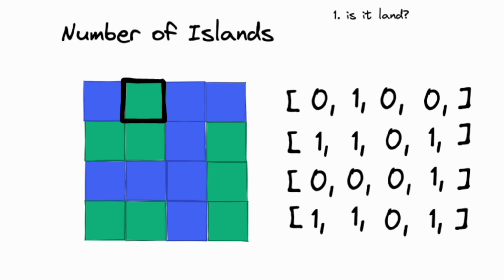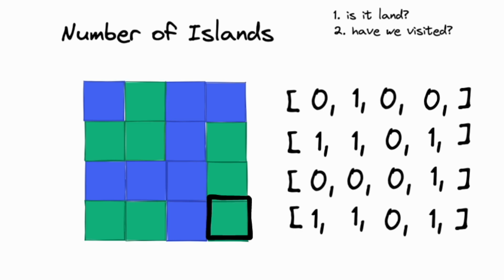One thing you might have noticed is that when we traveled to neighboring tiles that were land, we knew not to look at tiles that we had already visited. So we actually need to ask another question when we're looking at a tile. Along with, is it land? We need to ask, have we visited that tile already? This process of getting to a tile, asking these questions, and viewing the adjacent tiles and asking these same questions repeats itself until we finally get to the end of the grid.